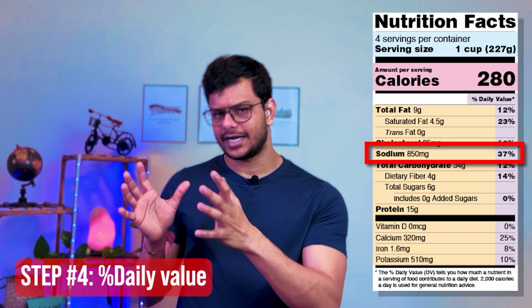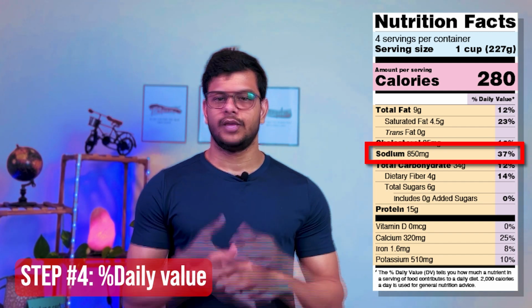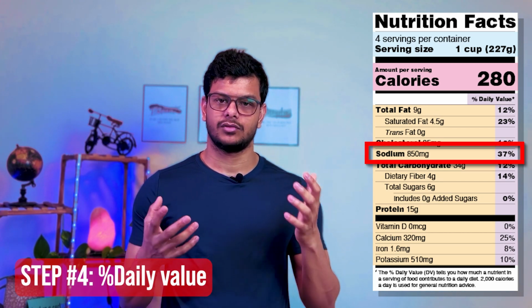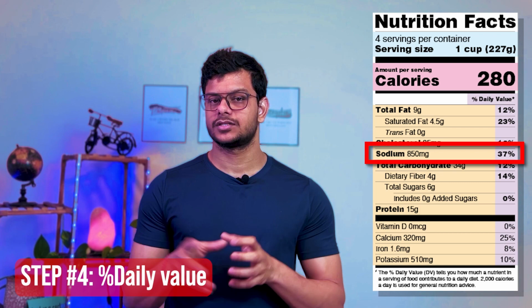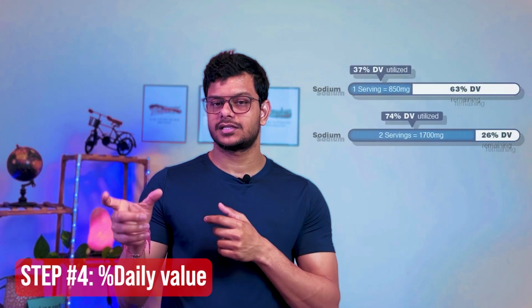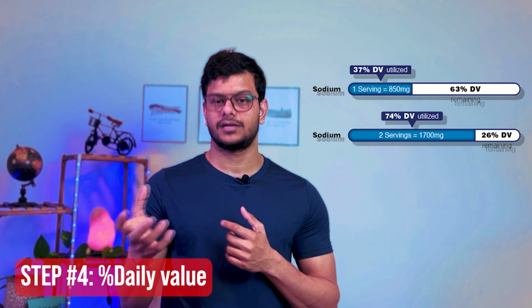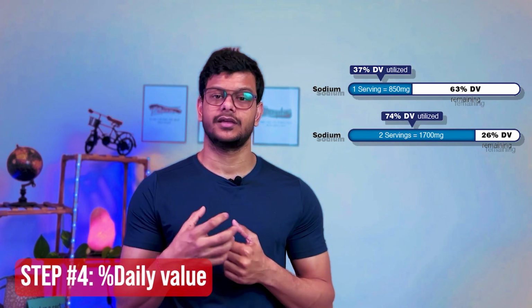To put that in perspective, when I am trying to gain weight, I would be considering around 3000 calories per day. Using that, a single serving of this food is going to give me 37% of the sodium that I should be taking in a day.